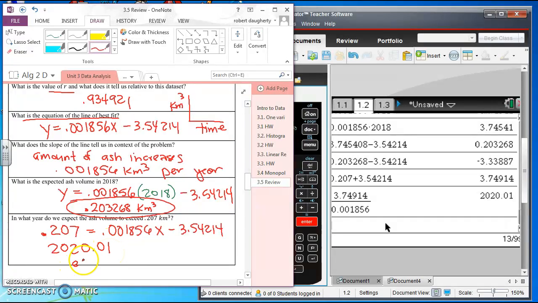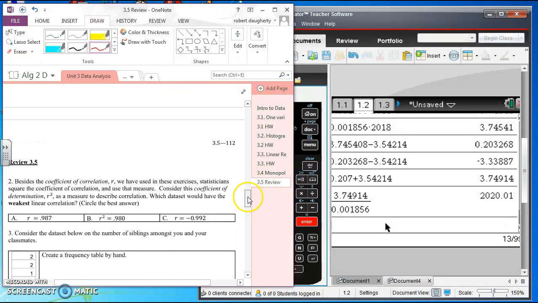So we should exceed 0.207 cubic kilometers in the year 2020. Okay, that should be it for the first problem in the review. Let me just double check real quick and see if that's it. That is it.